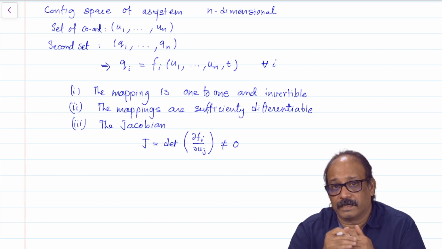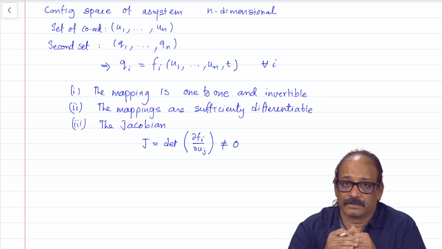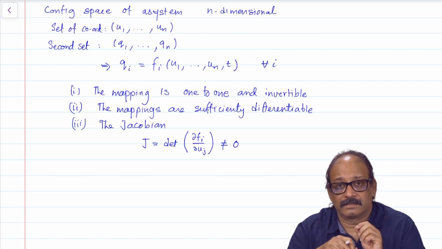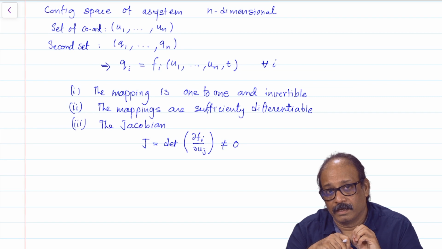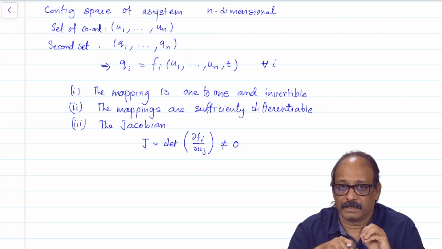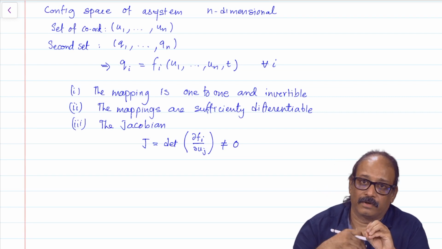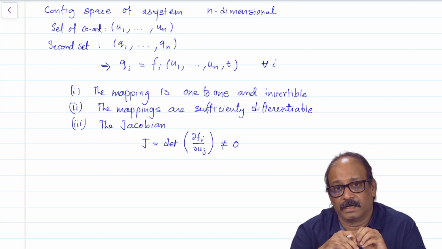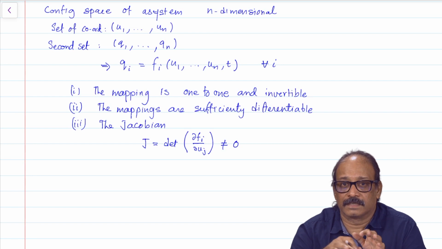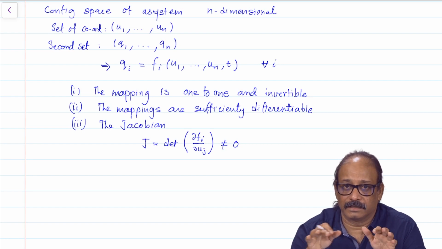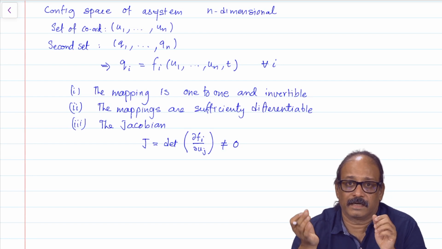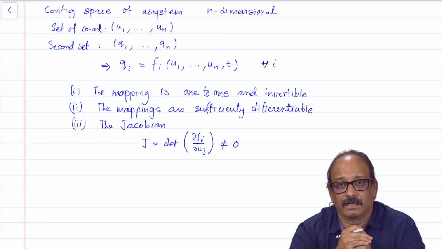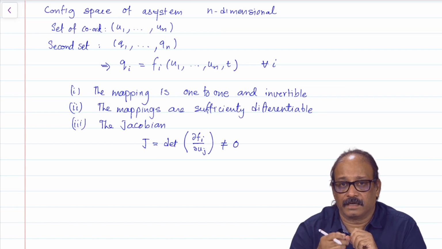But when there are constraints in the system, then something new happens. Constraint means the point in the configuration space cannot go everywhere in the configuration space. Its motion is now restricted to some subregion of the entire configuration space. This is the idea that we will see in the next section.